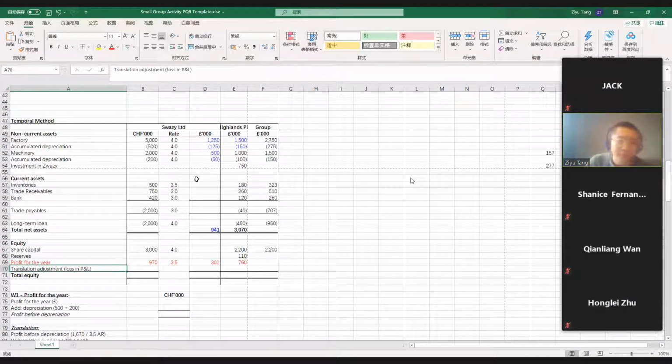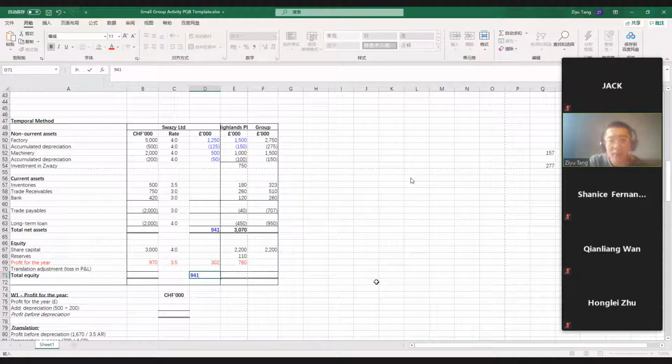So sometimes when we translate the foreign currency to the presentation currency, it also generates some profit or loss by the different exchange rate. And how to calculate that is that we first calculate the total net assets, and because the total net assets equal the total equity, the total net assets equal 941. Therefore, the total equity equals 941.